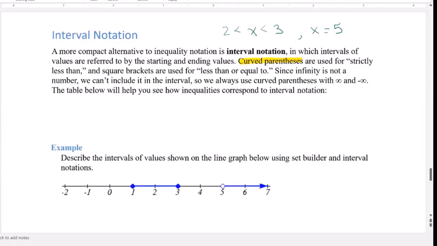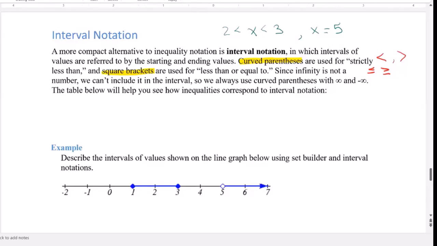It could be less than, or it could be greater than. And square brackets would be for less than or equal, greater than or equal, because we are including that point. Since infinity is not a number, we can't include it in the interval. So we always use the curved parentheses with infinity or negative infinity.